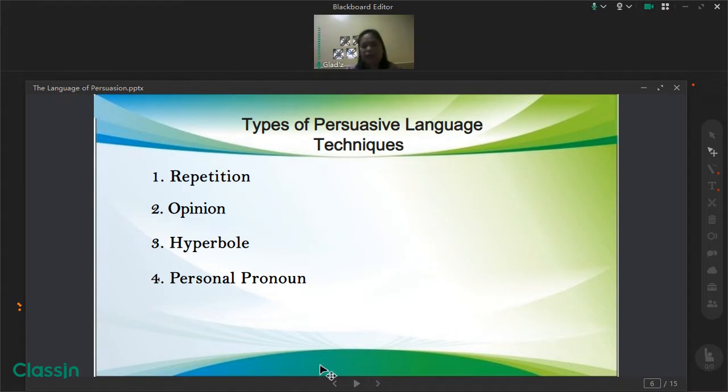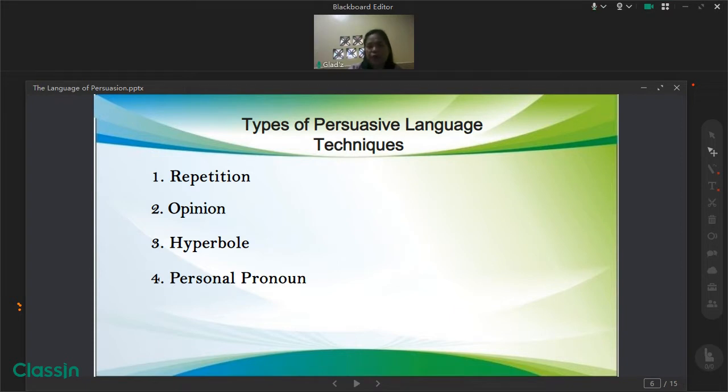Another one: pronouns are immensely powerful little words that can add significant power to persuasive language. So remember that, take note of that. Pronouns are immensely powerful little words that can add significant power to persuasive language. And this power means that it is easy to overdo their usage.